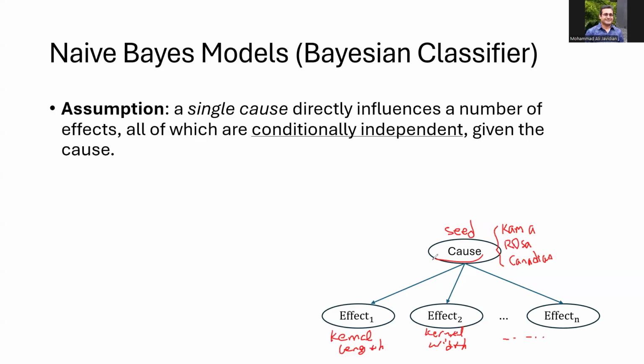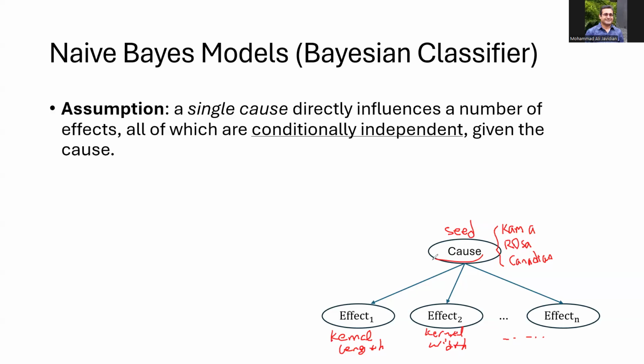In reality, this assumption is easily violated, even in this example. Most likely there is a dependency between kernel width and kernel length or other physical characteristics of seeds. So we should be very careful using the naive Bayes classifiers.